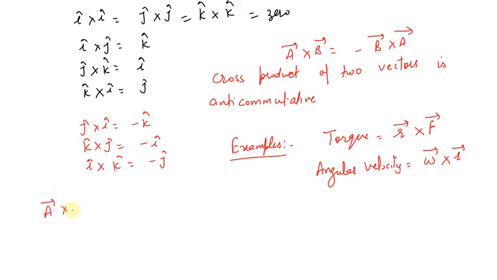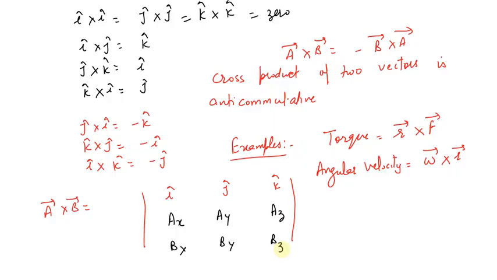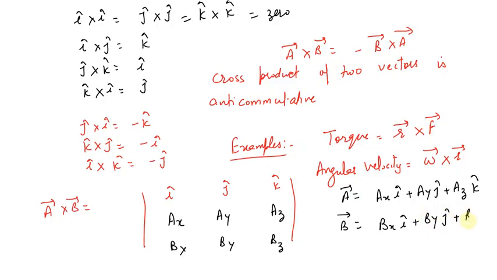A cross B is equal to the determinant of I j k, write the components ax, ay, az, bx, by, bz. We can write vector A as ax i plus ay j plus az k, B as bx i plus by j plus bz k.